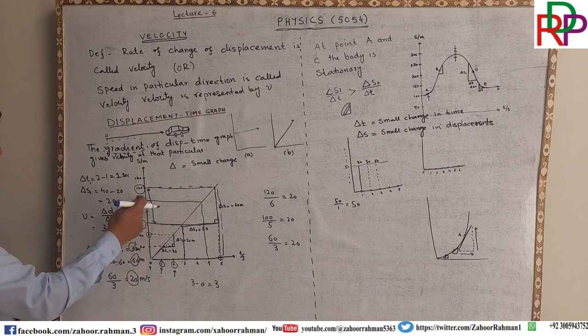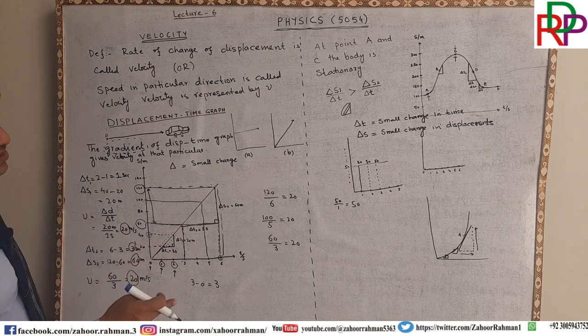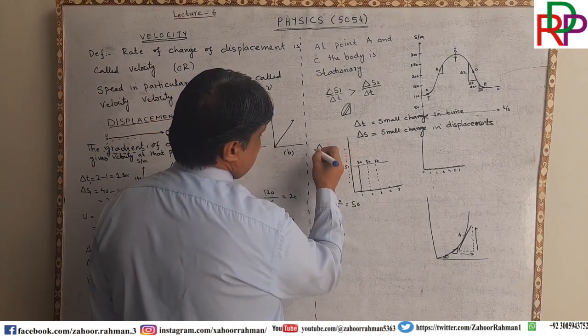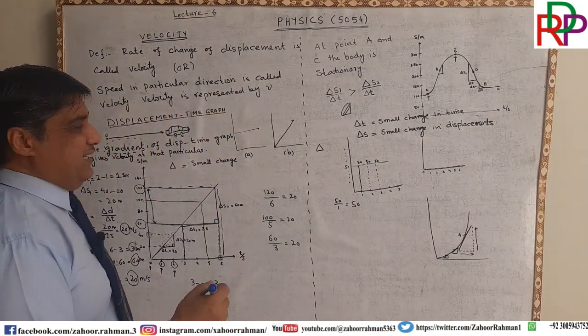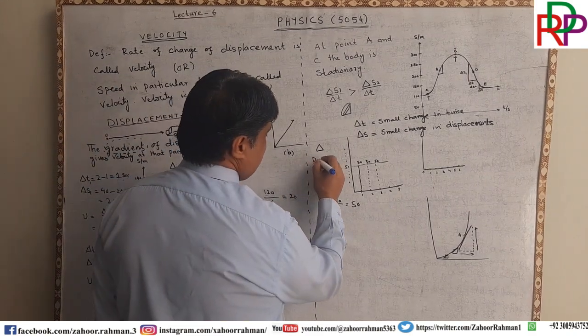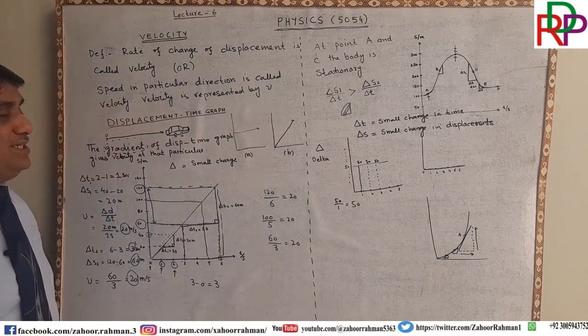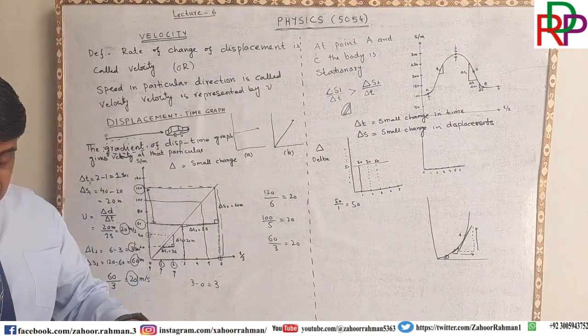So 120 minus 60 is equal to 60. People are confused about what this is. This is delta, and delta means small change in physics.